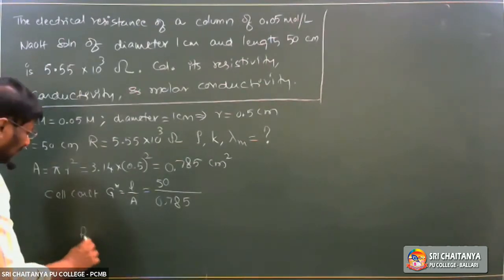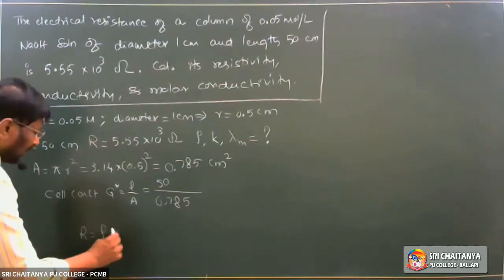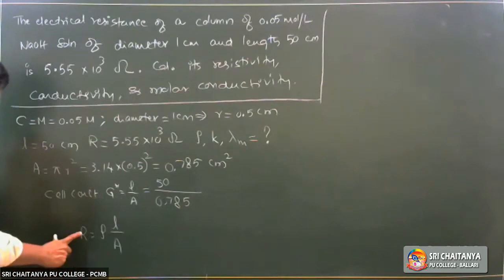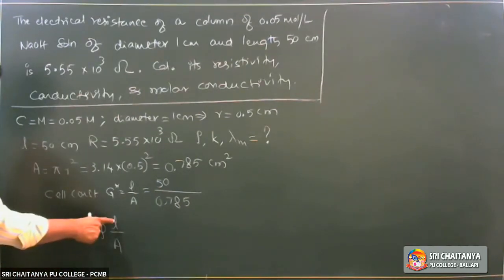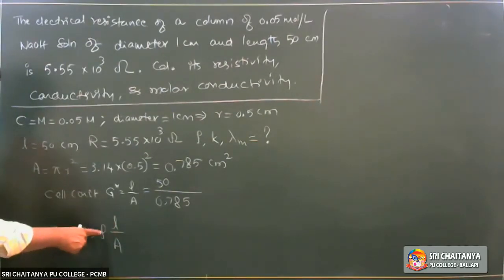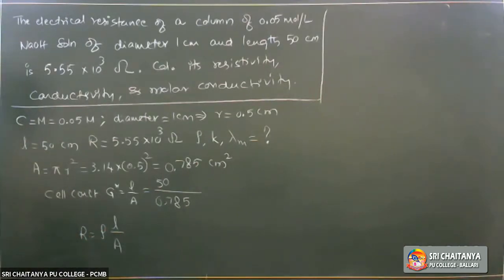Remember L by A, and then let us take the formula. R is equal to rho into L by A, because we know that R is directly proportional to the length of that object and inversely proportional to its cross-sectional area. The proportionality constant is rho, which is the specific resistance or resistivity.